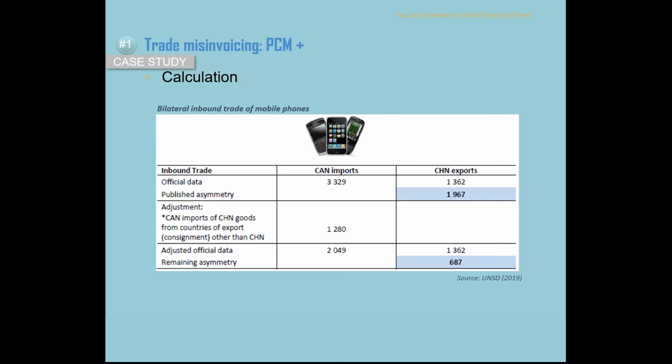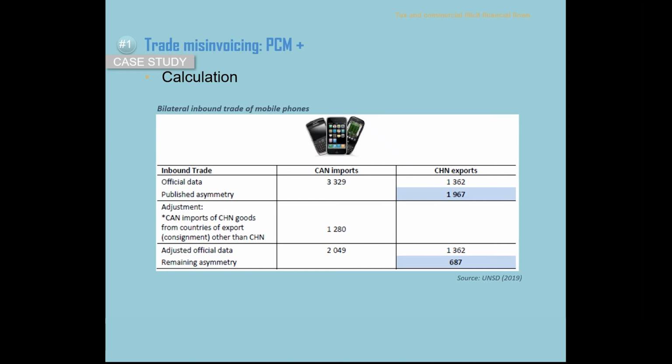This case refers to a trade of mobile phones between China as a country of origin and the exporting country, and Canada. If we take a look at the first row, these are the official data.